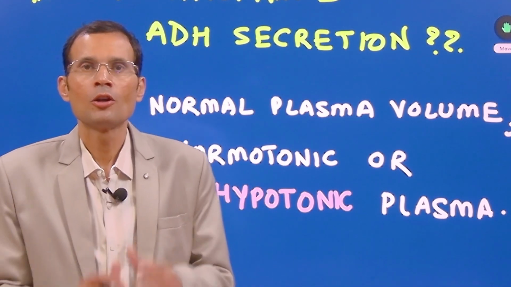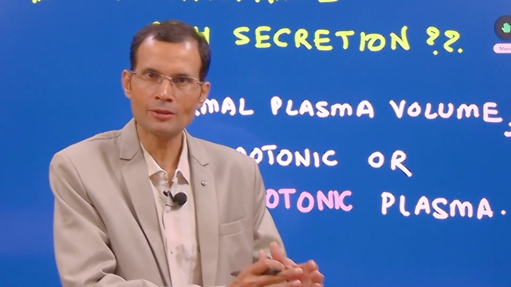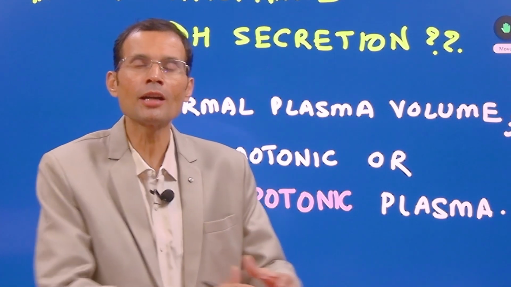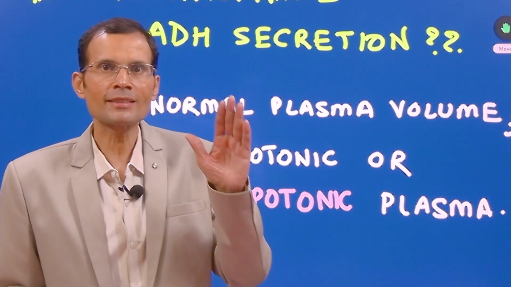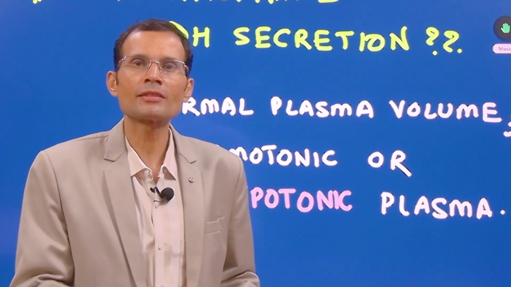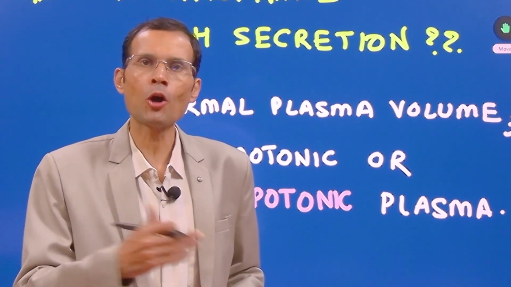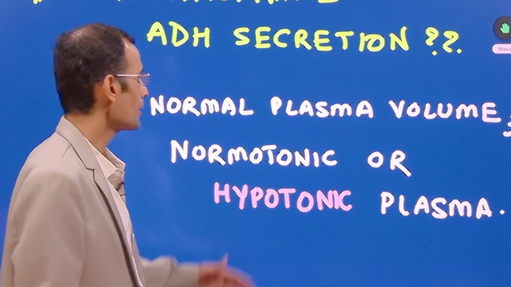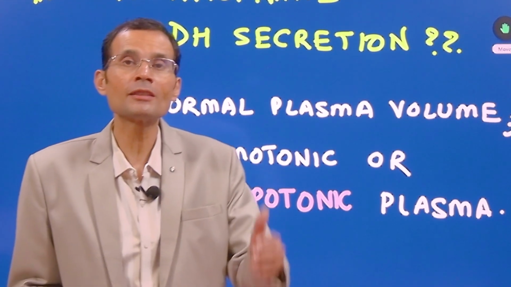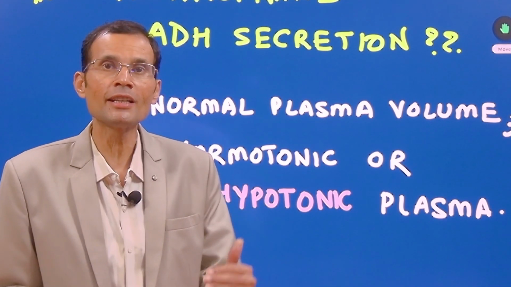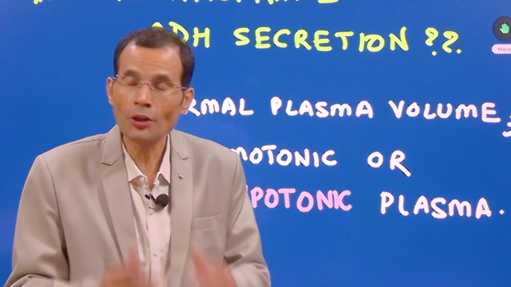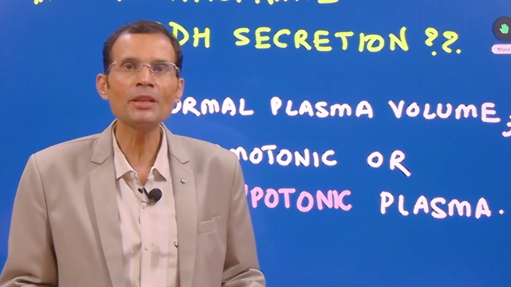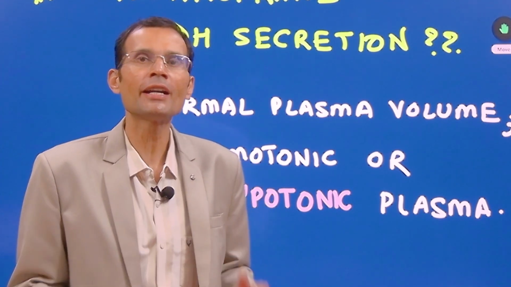Let me add here, whenever there is hypotonic plasma, normally speaking, ADH is suppressed and it results in diuresis. Water will be lost from the plasma into the urine. That's the normal case. But imagine that the plasma is normotonic, it is becoming hypotonic because of the ADH, and yet ADH is not getting suppressed, it is getting released and released and released. It would then be called inappropriate ADH secretion.